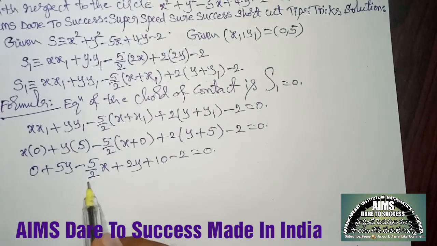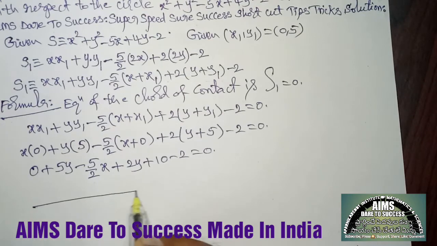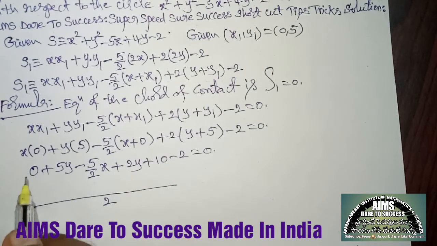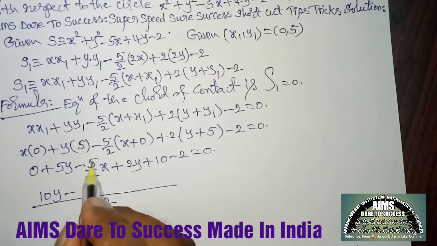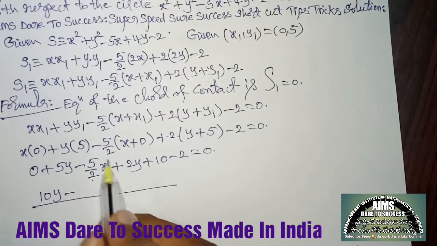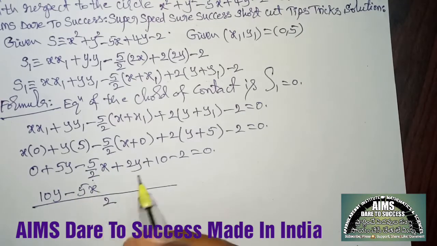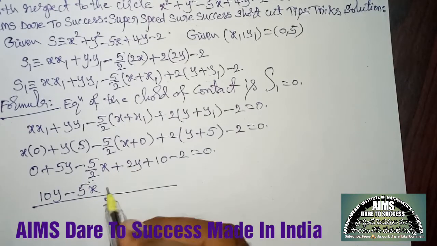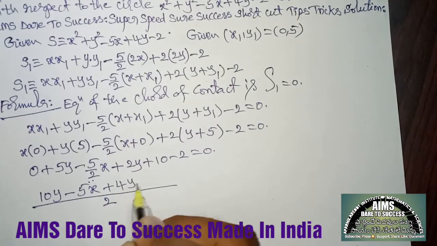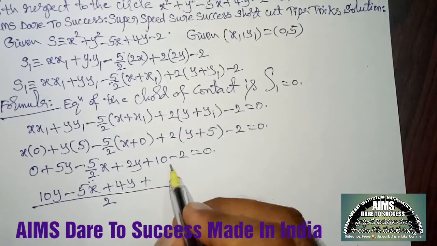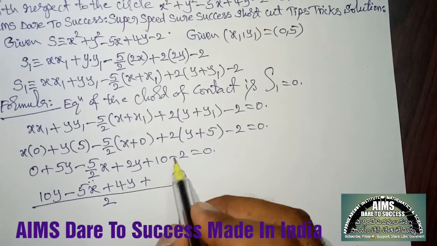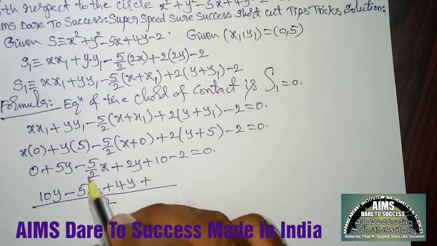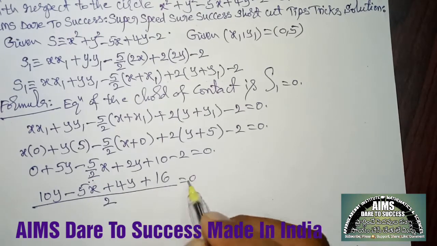Next, here 2 is in the denominator, so now I want to take 2 as the LCM. 0 into something is 0, no need to write this one, leave this. 2 into 5y is 2 fives are 10y minus 2 into 5x, you can write minus 5x as it is. Next, 2 cross multiply, 2 into 2y is 2 twos are 4y plus, see here my dear friends and students, 10 minus 2 is 8, 8 into the denominator LCM value 2, 8 twos are 16, is equal to 0.